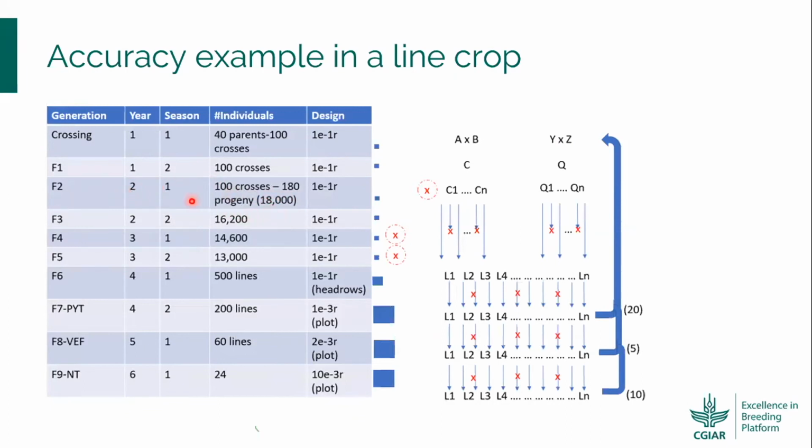But what they were not considering is that they could actually apply some family selection. Even though the heritability for the individual plant is very low, because you have 180 observations per cross, the heritability for the cross is not that low. It's actually relatively good, even if, like I said, the plant heritability is really, really low.